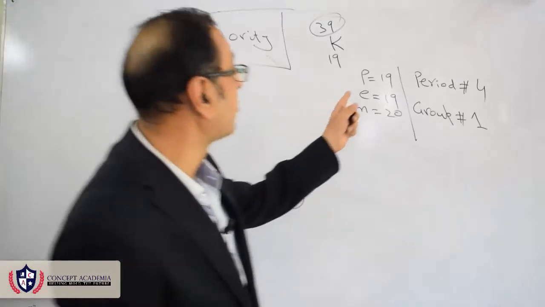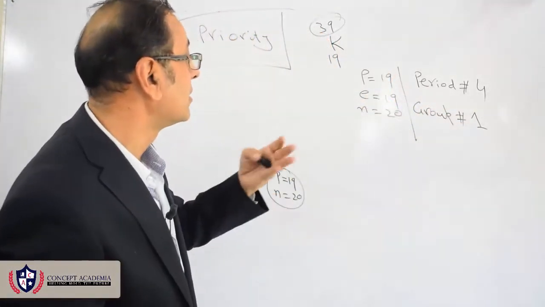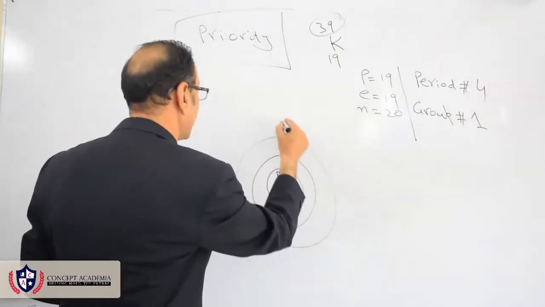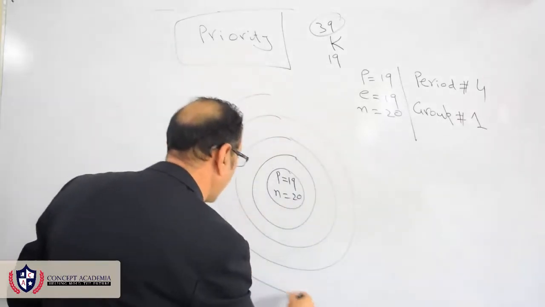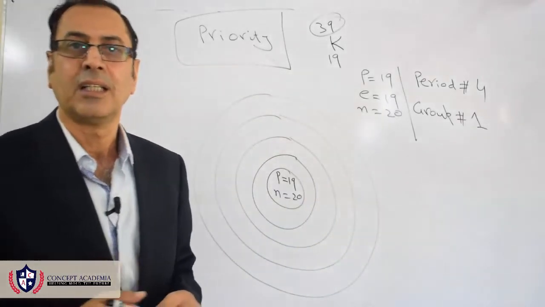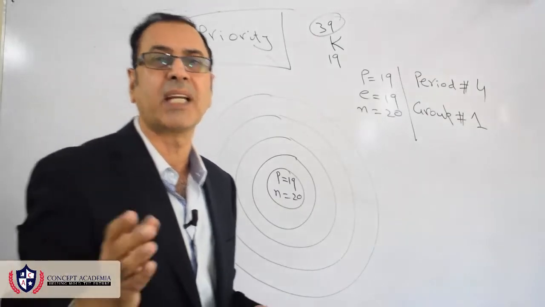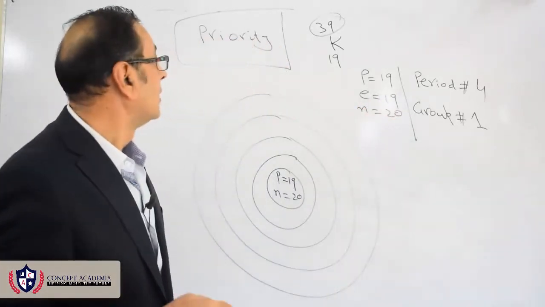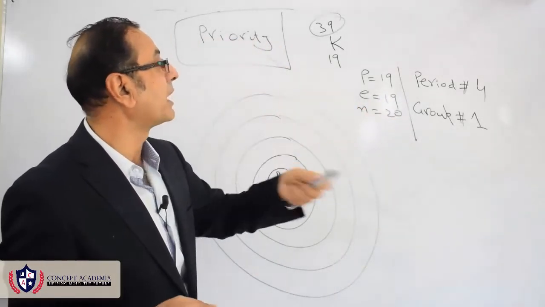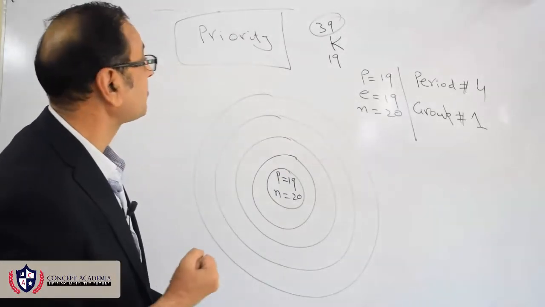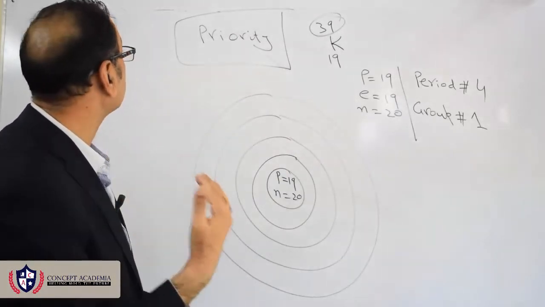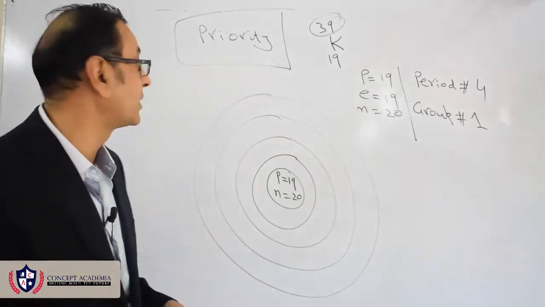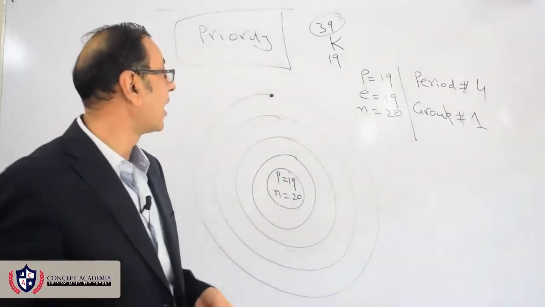So we are going to draw the period number 4, so the number of shells is 4: the first shell, second shell, third shell, and fourth shell. First of all, we make the number of shells, which depends upon the period number. Potassium belongs to period number 4, so it has 4 shells. The second priority is given to the group number, which is 1, so it has only 1 electron in the last shell.